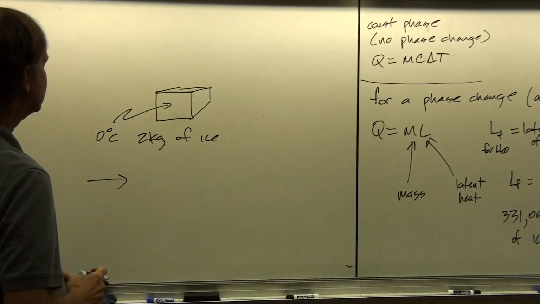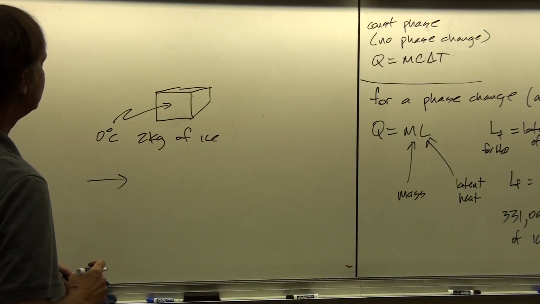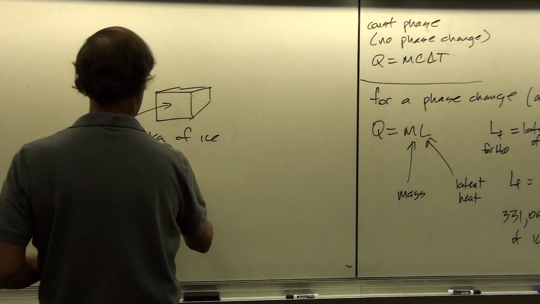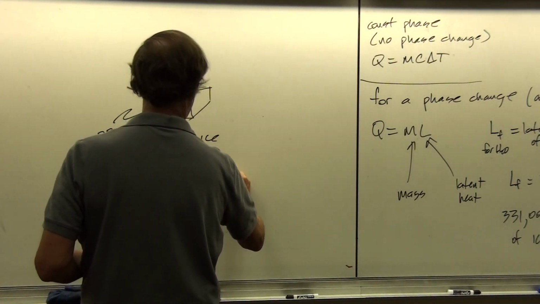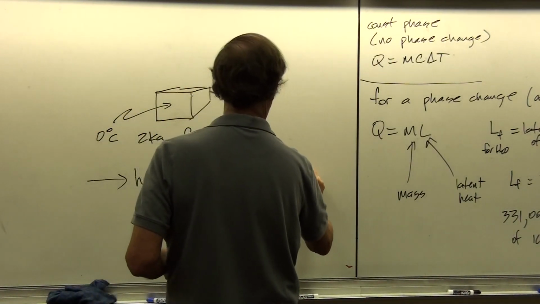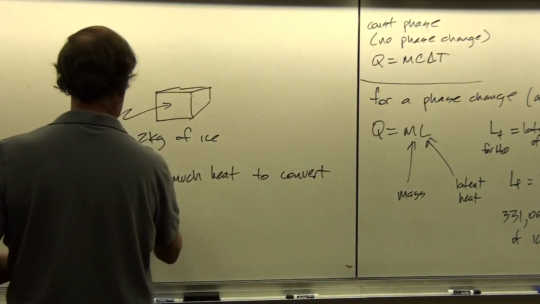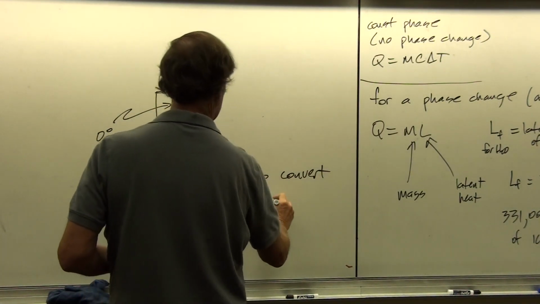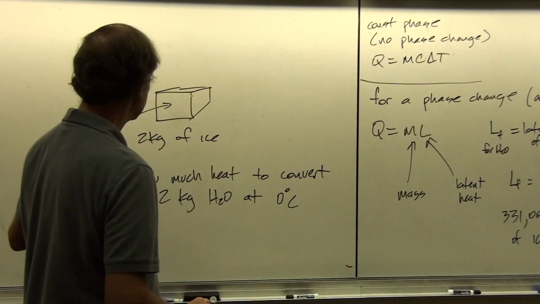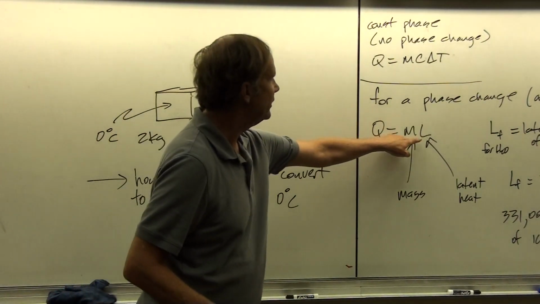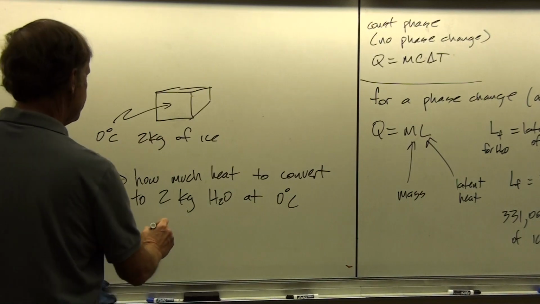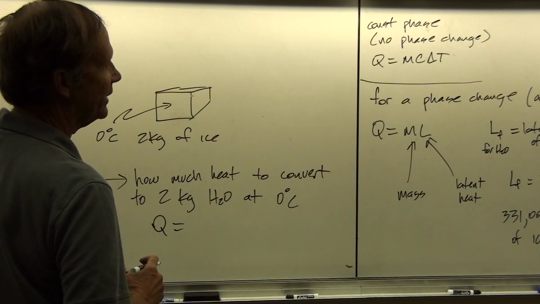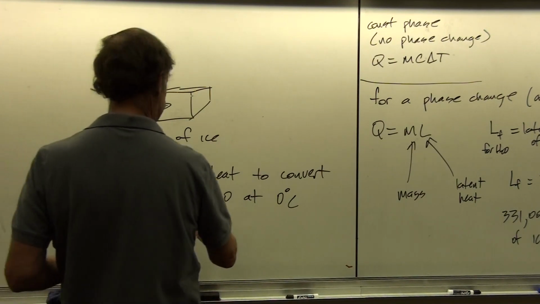And then I ask, well, how much heat do I need to turn it into 2 kilograms of water at 0 degrees centigrade? So in other words, it's still at the same temperature. What I would do is multiply the 2 kilograms by 3.31 times 10 to the 5 joules per kilogram. And that'll give me the joules.